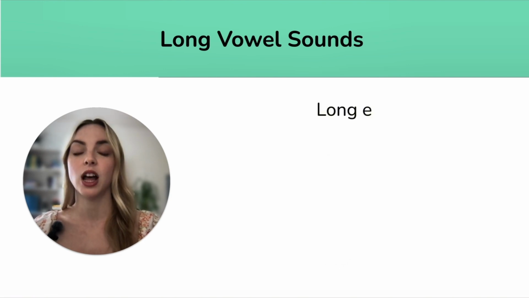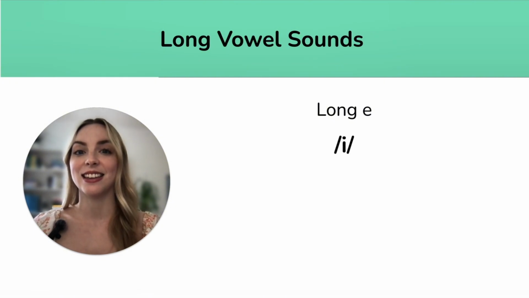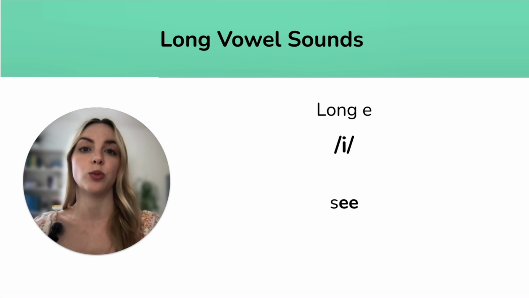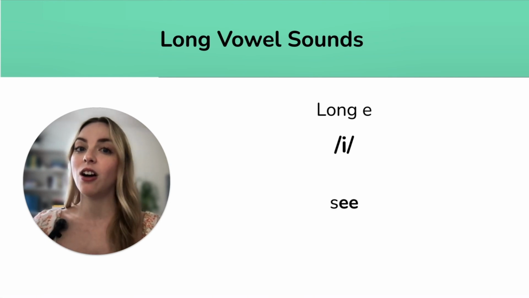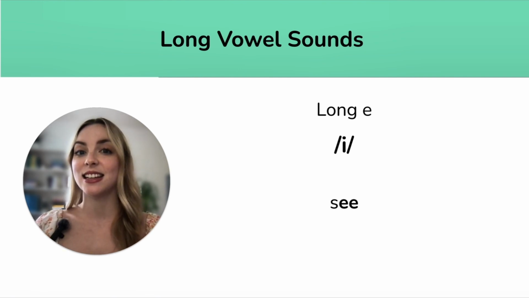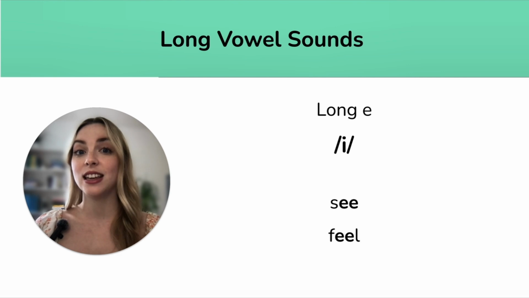Okay, then we have long E. Maybe you guessed it. This sounds like E, which is often represented by double E. When you see two E's in a word, it will have this long E sound, like the word see, or feel.